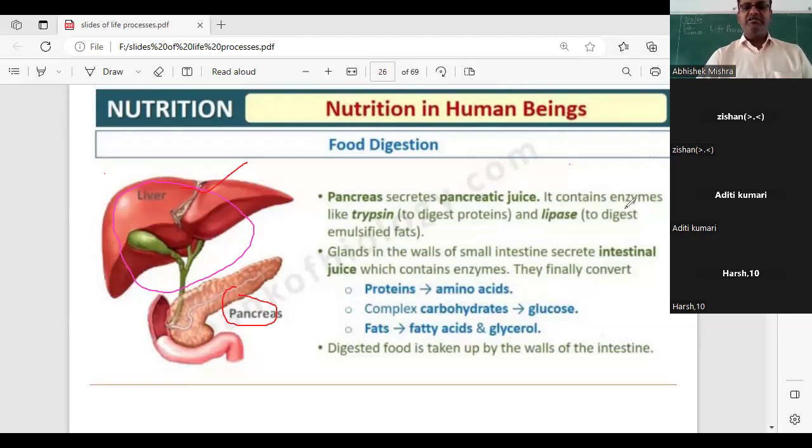Now, the small intestine receives secretion from the pancreas. From the pancreas, there are 3 important secretions. First is the pancreatic amylase.